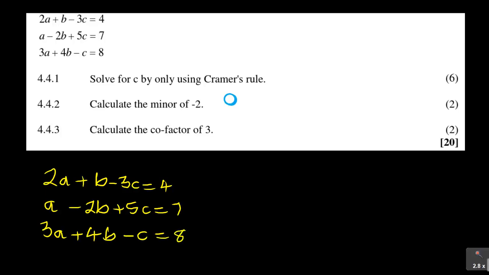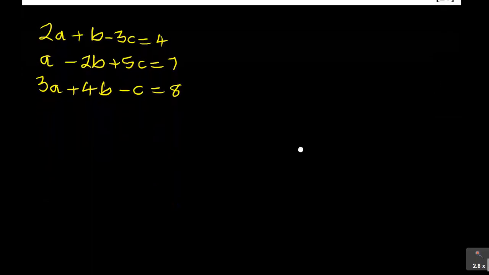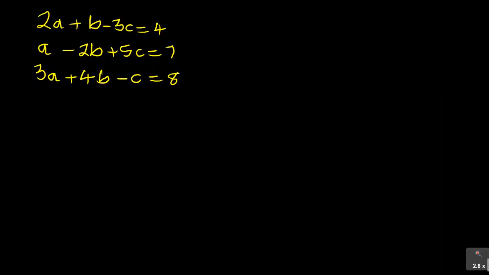So already these are arranged in a way that makes it easier for us. Wherever there is just a, for example, or just c, there is a coefficient of 1.